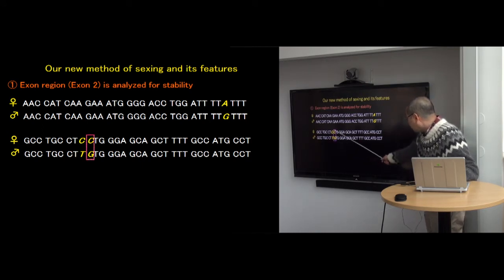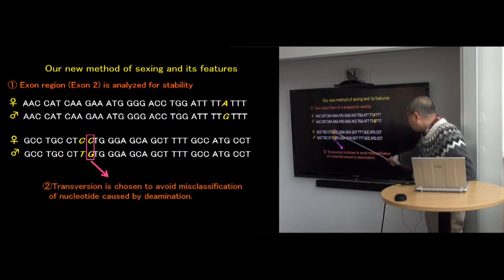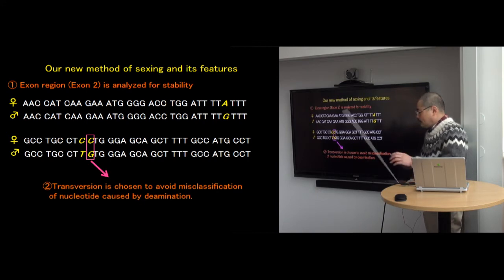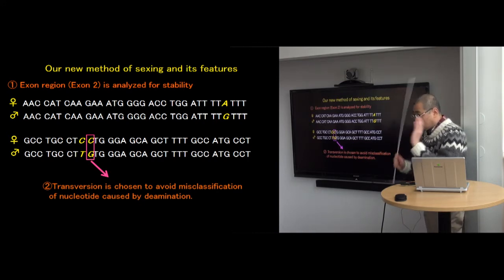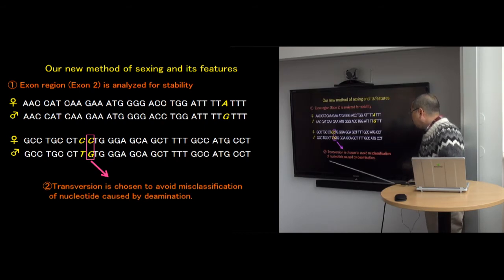And we targeted this base because, between cytosine and guanine, the structure of the bases is totally different. This can be regarded as similar to a transversion mutation.